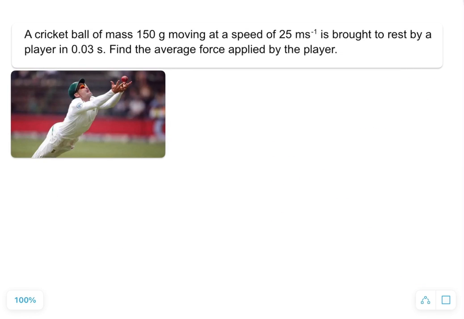A cricket ball of mass 150 grams moving at a speed of 25 meters per second is brought to rest by a player in 0.03 seconds. Find the average force applied by the player. Mass of the ball is 150 grams. If we divide it by 1000, we will get the answer in kilograms.